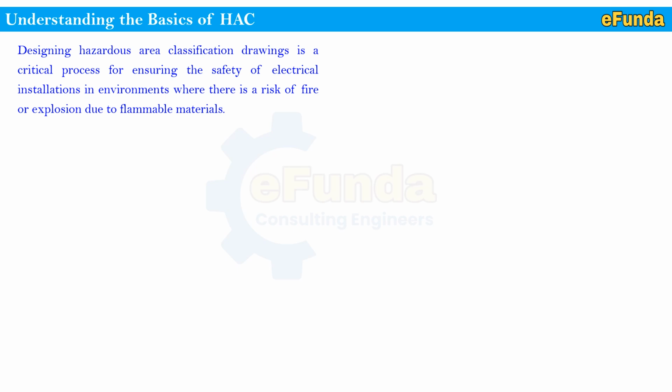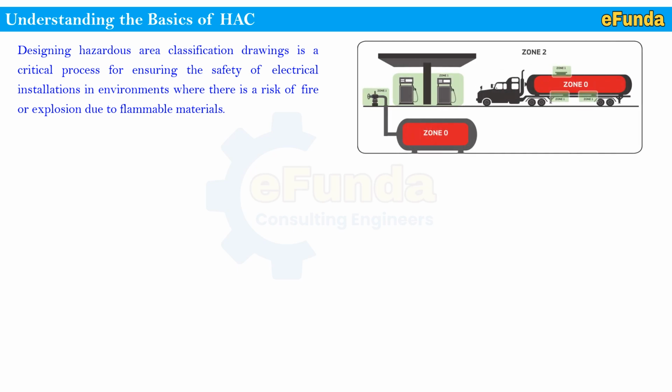One can refer to the picture of a petrol pump scheme, which is generic and everyone is aware of this operation. For that we have used this picture. We need to understand and expand our understanding of key steps and considerations for better clarity. The vehicle coming which brings the fuel is indicated with a zone 0, and the tank where the fuel is stored is shown as a 0 in red color.